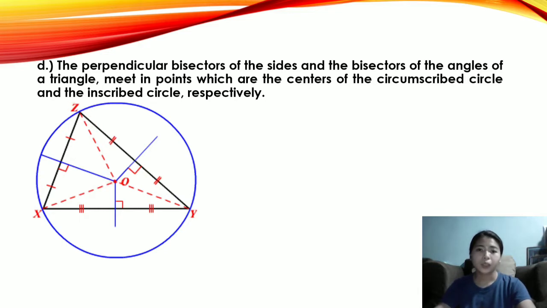So the circle drawn with the circumcenter, so this is the circle, as the center and the radius passes through all the vertices and is called circumcircle. So it passes through the three vertices of a triangle.